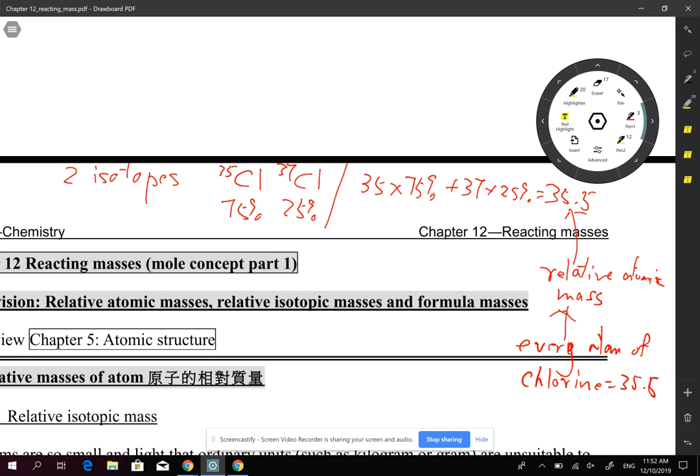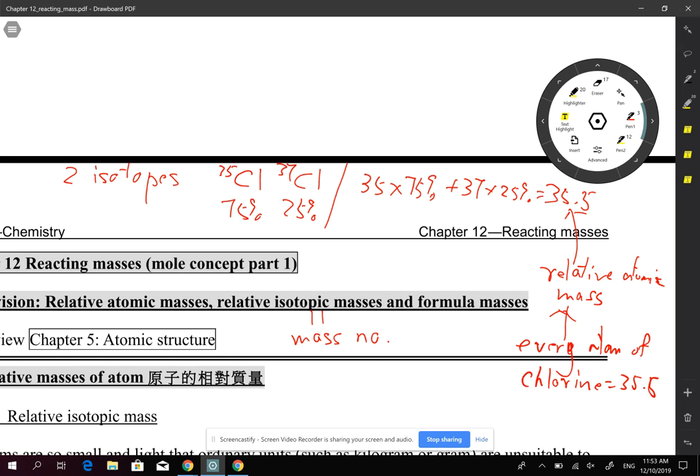We use the relative atomic mass to represent the mass of each atom. Okay, so why do we need to find out the relative atomic mass? And what is relative isotopic mass? That is mass number. Okay, it is simple, what you have learned in chapter 5.